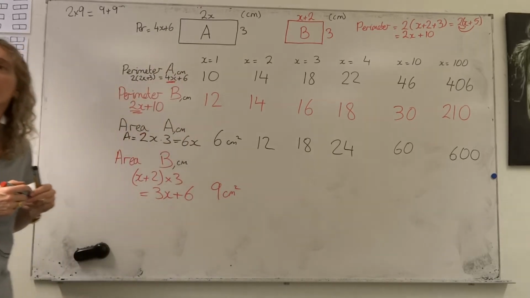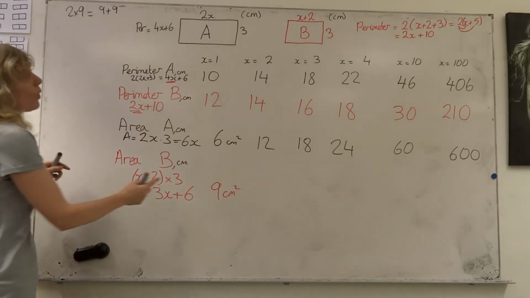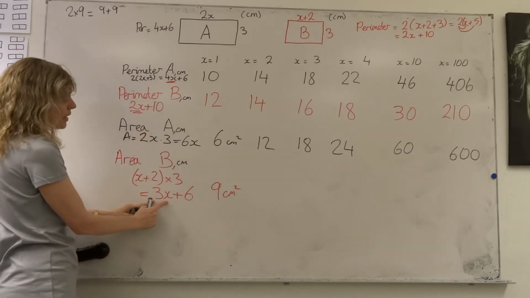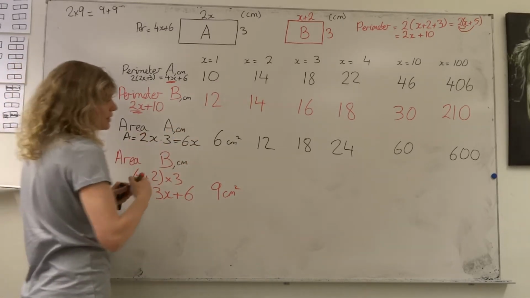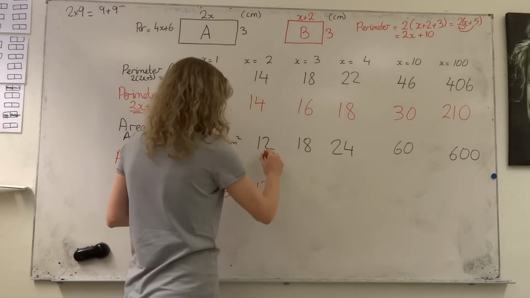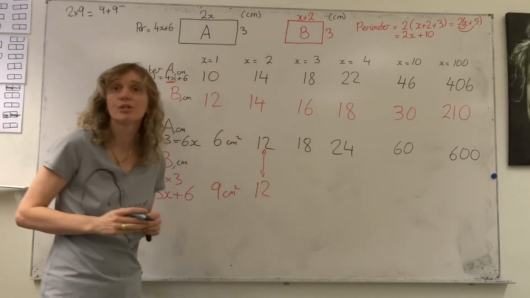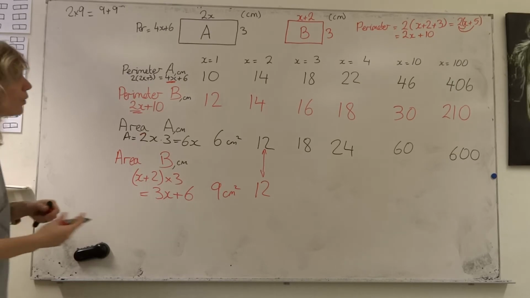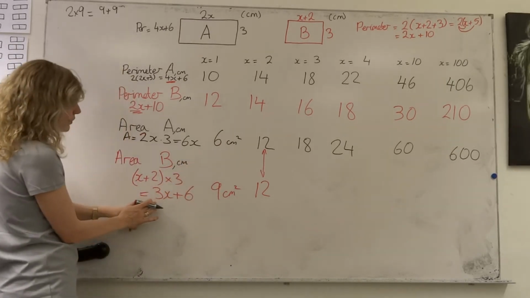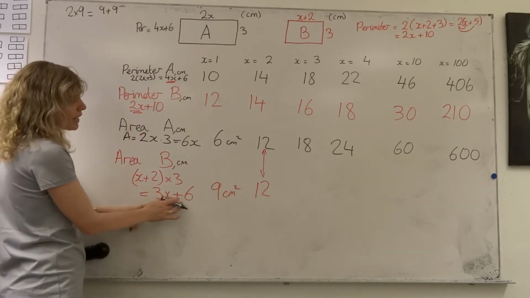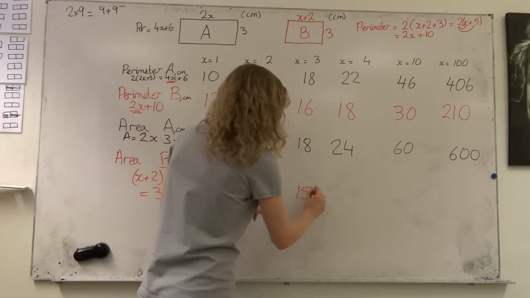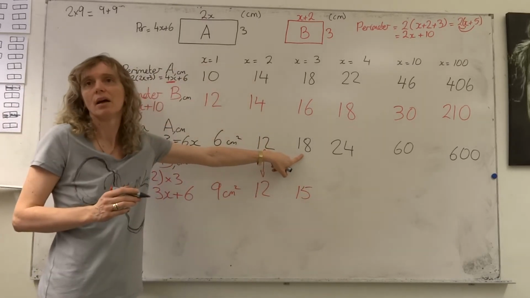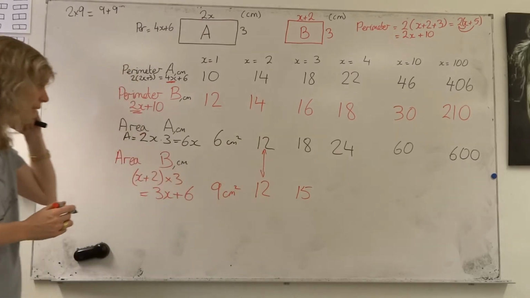When x is small, this area is largest. What about when x equals 2? 3 times 2 is 6, 6 plus 6 is 12. So here the areas are the same when x equals 2, notice that. What about when x equals 3? 3 times 3 is 9, 9 plus 6 is 15. Now this one starts to run away with a larger area.